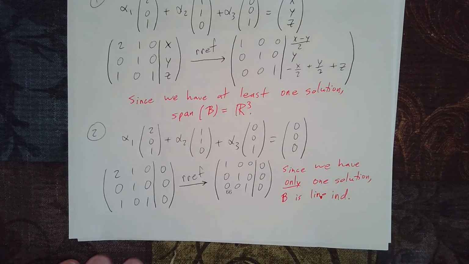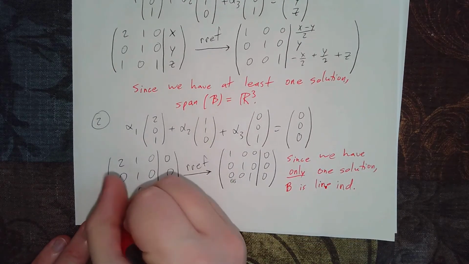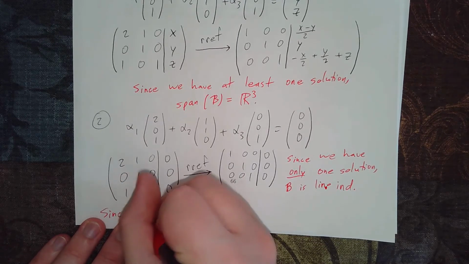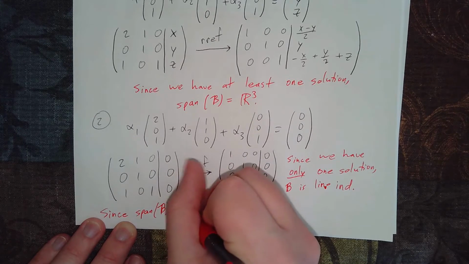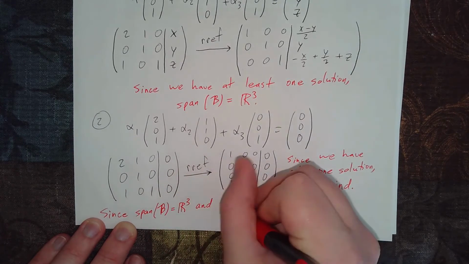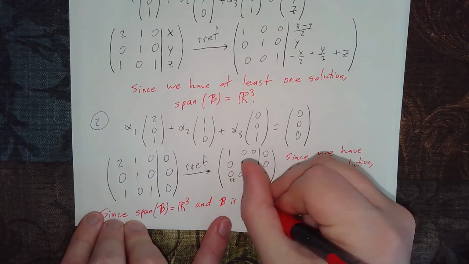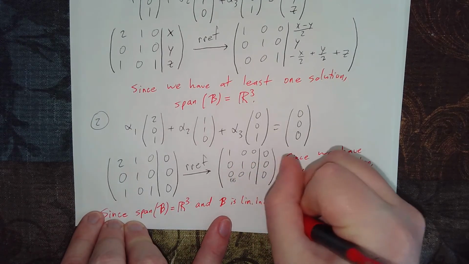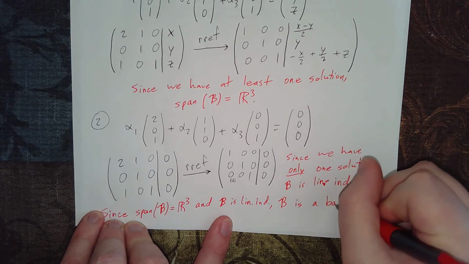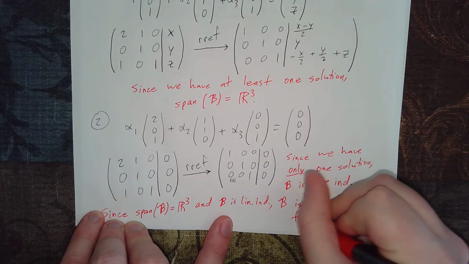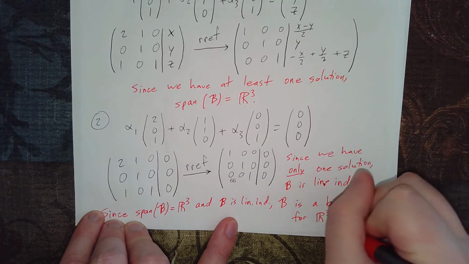Okay, and then combining it all, since the span of B equals R3 and B is linearly independent, B is a basis for R3.